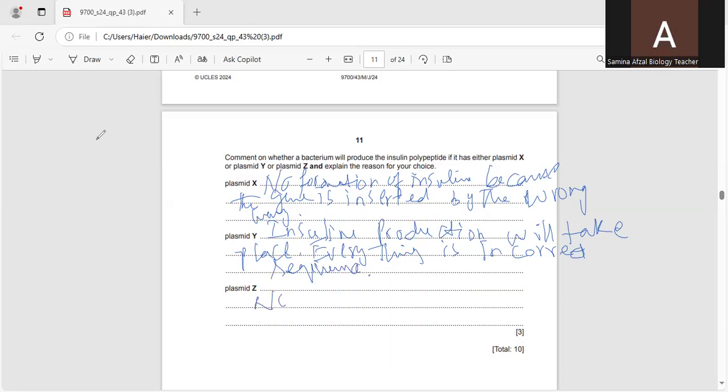Again in Z, no insulin formation because the required gene is not inserted.